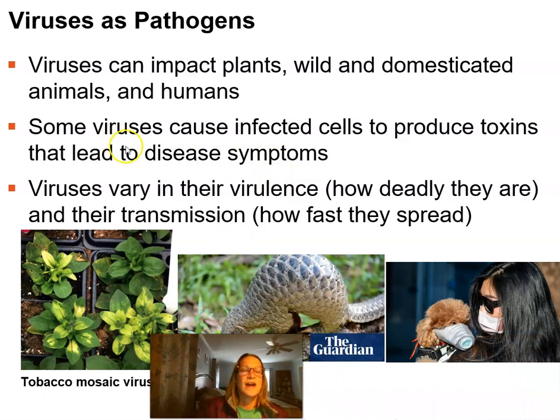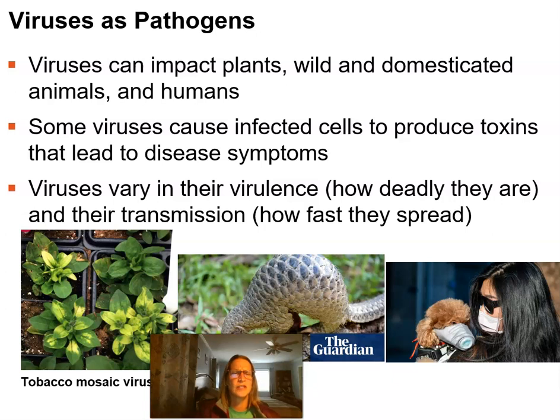Okay. So the way viruses work is some of them cause the infected cells to produce toxins, and that's what makes the individual sick. And that can lead to the symptoms of the disease. Other viruses release their own toxins that cause the disease symptoms. So there's a few different ways that the symptoms occur.